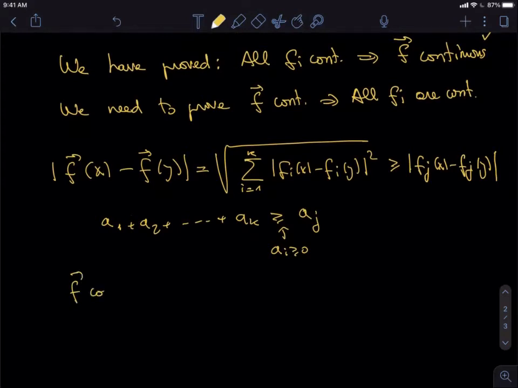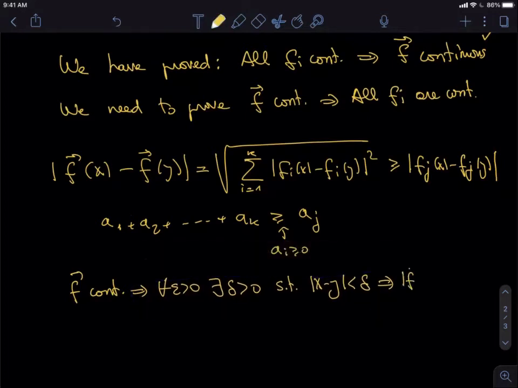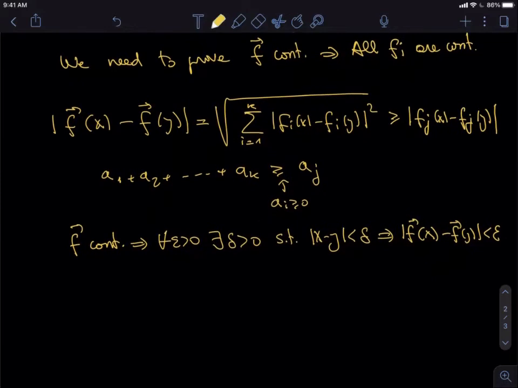But here, notice what we are saying: vector f continuous means for every epsilon bigger than 0, there exists delta bigger than 0 such that the norm of x minus y less than delta implies the norm of vector f(x) minus vector f(y) less than epsilon. With this, we are basically done.